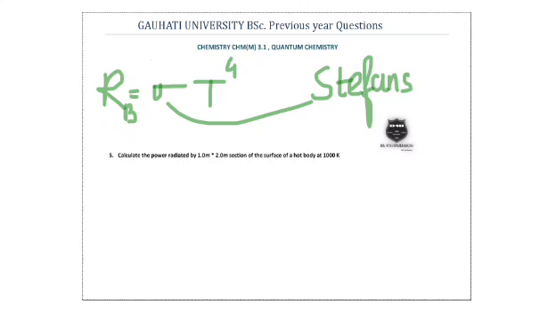Emissive power is equal to Stefan's constant multiplied by T to the power 4. But again, 1 meter into 2 meter section, what would this be? Suppose this is 1 meter and this is 2 meter section of the surface of a hot body. This is nothing but a black body.